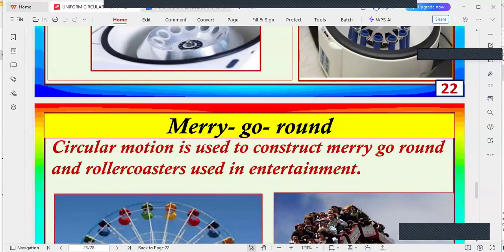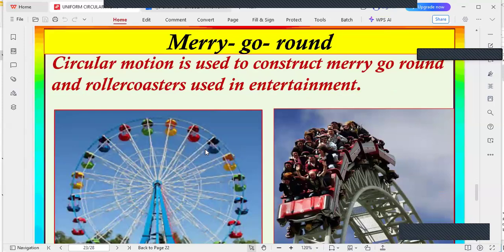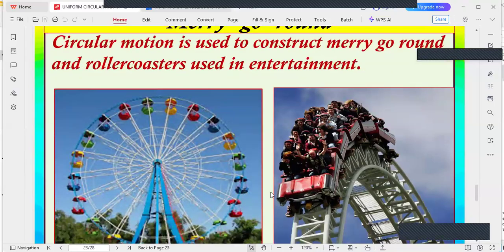Another application is merry-go-rounds and roller coasters. We can see them here. They are not just randomly constructed, there are some measurements that are taken. We need to know how much centripetal force is required. Then, of course, we must have very serious safety precautions.